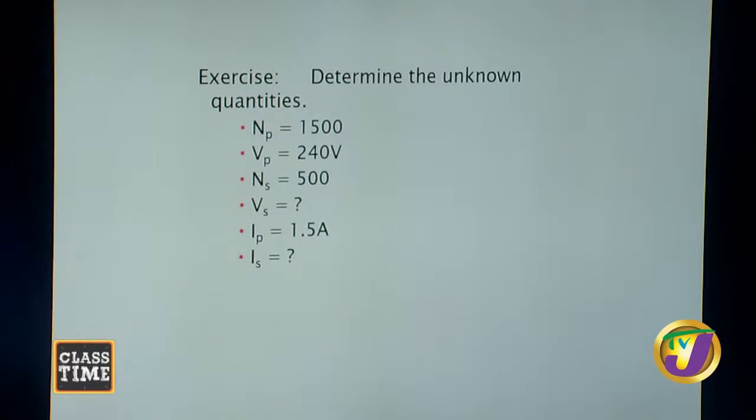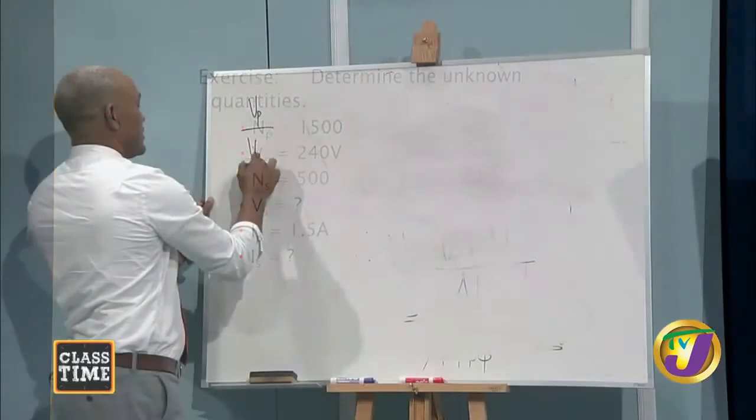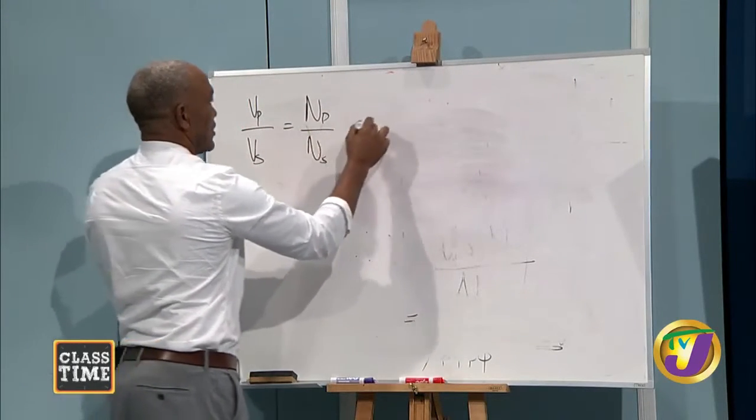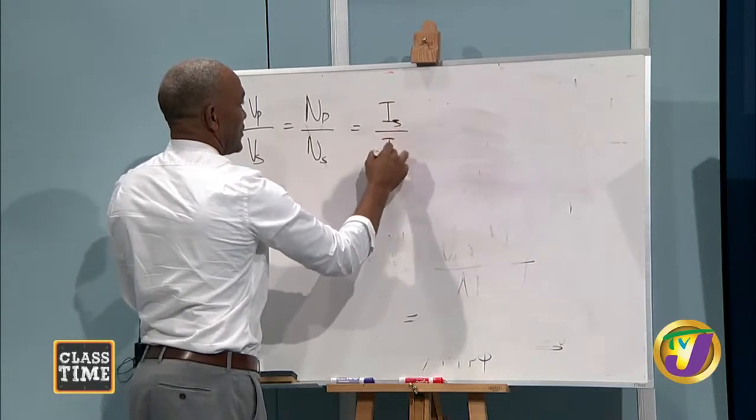So we move to doing the calculation, students. We're going to set out our equation again according to how it was given. I am hoping that somebody at home is going to work this faster than how I'm going to be doing it. So Vp over Vs is equal to Np over Ns is equal to Is over Ip.